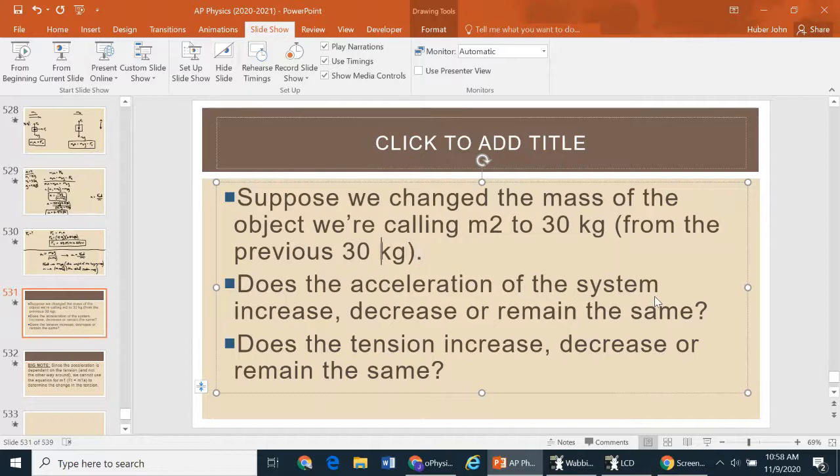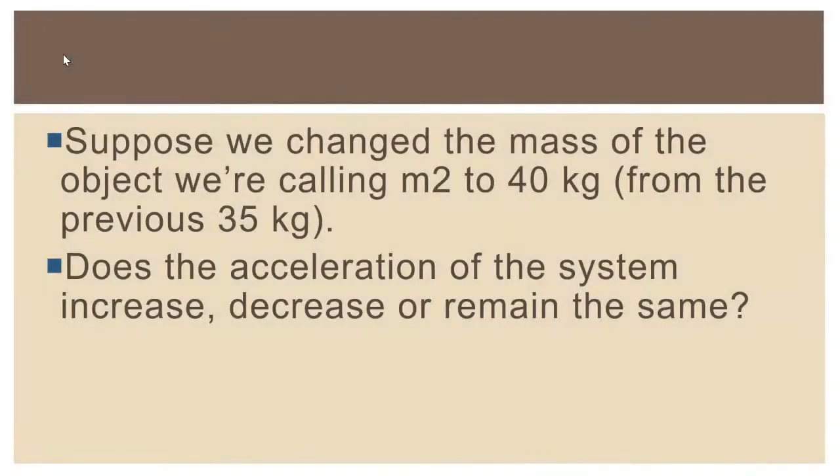So let's say we're changing it to, you know what, let's actually change it to 40. Let's change it to 40 because I think that'll make sense here. So let's say we are changing the mass of the object we're calling M2 to 40 kilograms from the previous 35 kilograms. Our question is, does the acceleration of the system increase, decrease, or remain the same?